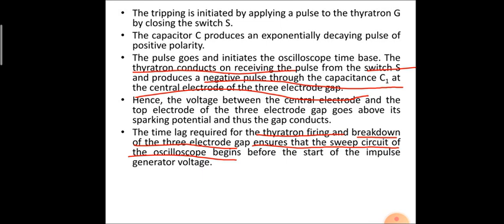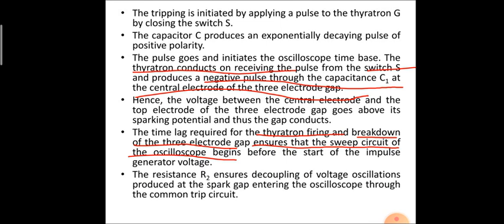The resistance R2 placed here ensures decoupling of voltage oscillations produced at the spark gap from entering the oscilloscope through the common trip circuit.